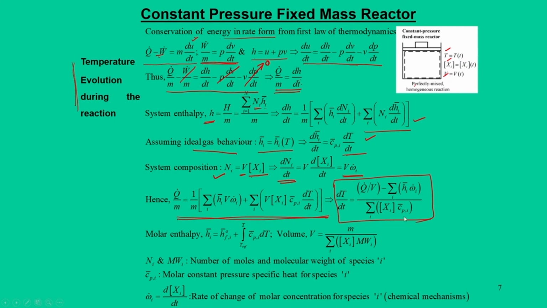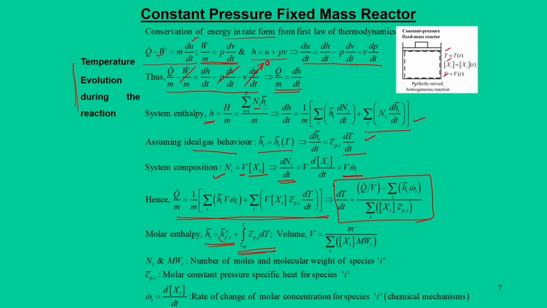So, here we have to recall our previous concepts of how to find hi. hi is nothing but the molar specific enthalpy for species i, and it has to be calculated from its enthalpy of formation value through Cp times T. Cp is also changing with time, and the volume we can also express in terms of mass, concentration and molecular weight.